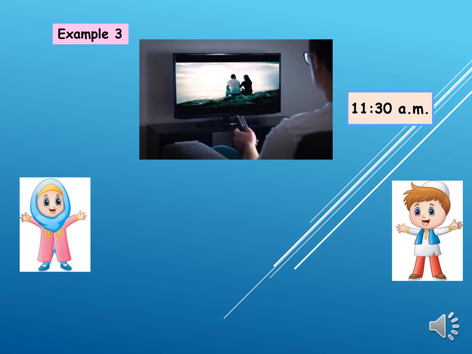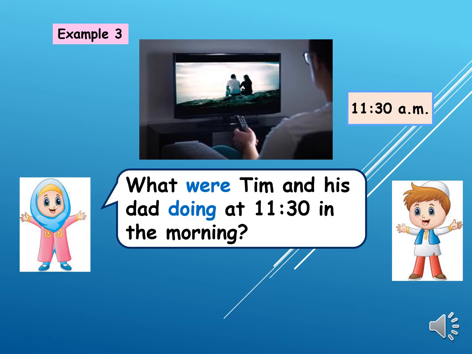Here comes example 3. This time, the girl wants to know about Tim and his dad. She asked the question, "What were Tim and his dad doing at 11:30 this morning?" Now the subject is Tim and his dad.